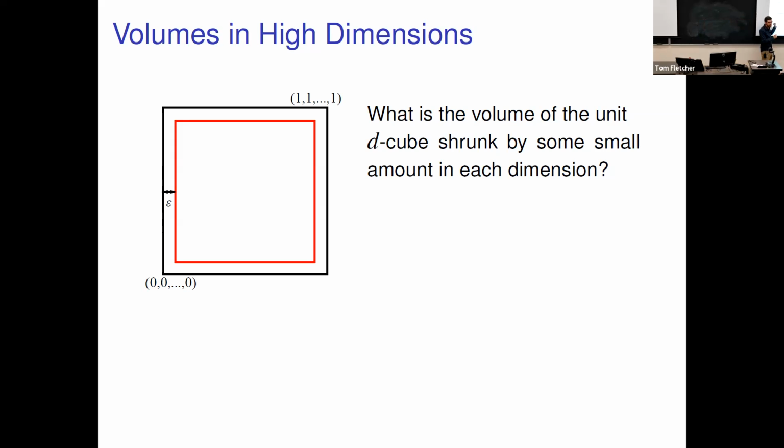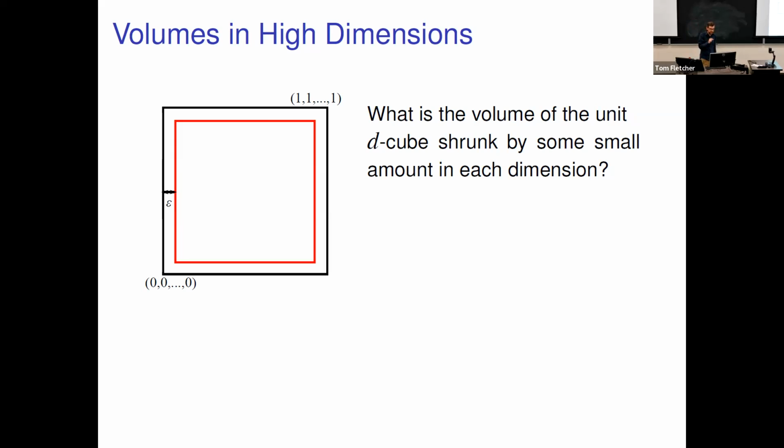Now, if I shrink the hypercube by epsilon, where epsilon is a very small number, relative to a total length of 1, I'm going to shrink every side of the cube, pulling every coordinate of every point in by epsilon.